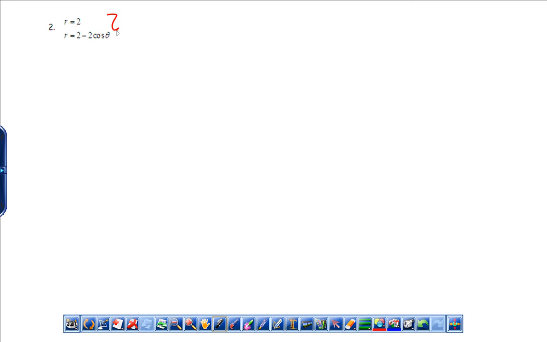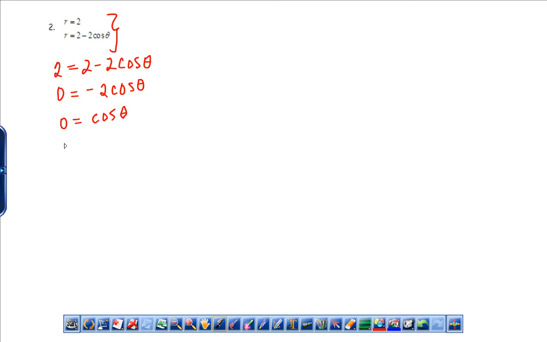Okay, here's our system of equations. I'm going to go ahead and set them equal to each other. So 2 equals 2 minus 2 cosine of theta. I'm going to subtract the 2, so I get 0 equals negative 2 cosine. And if you divide by negative 2, you still get 0 equals cosine theta.